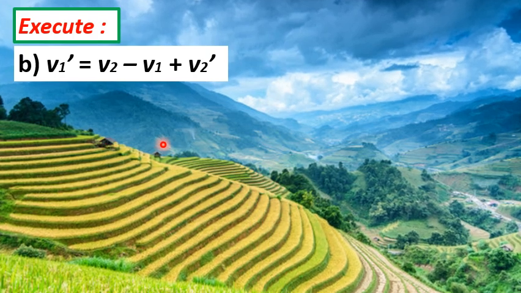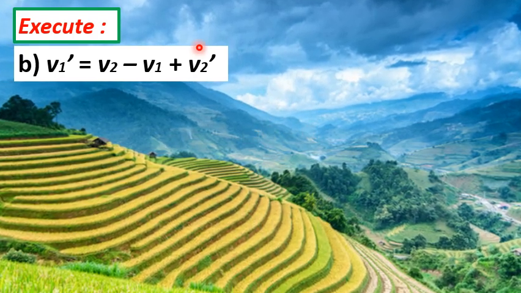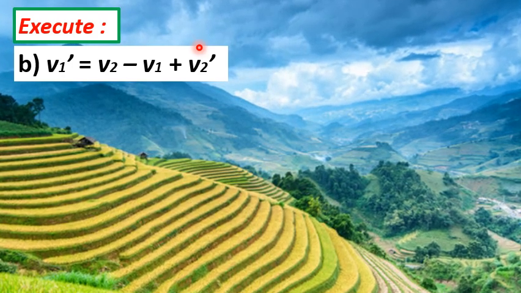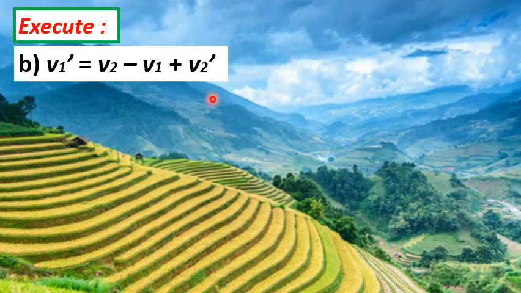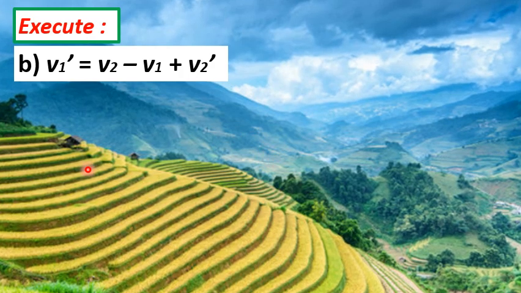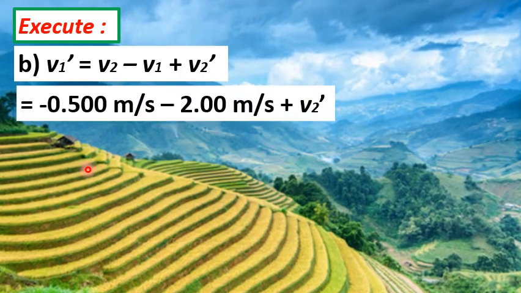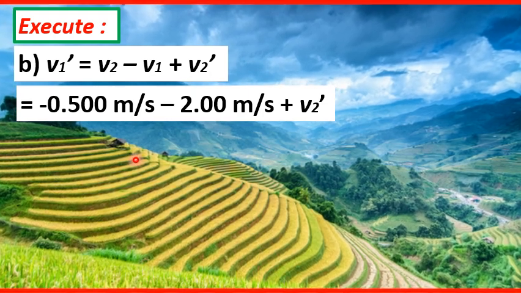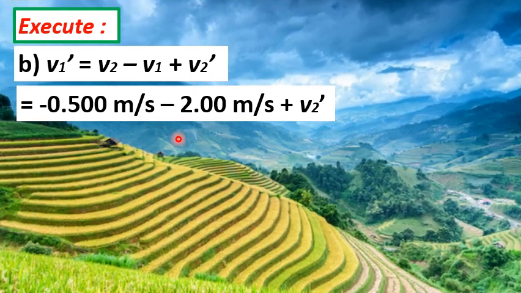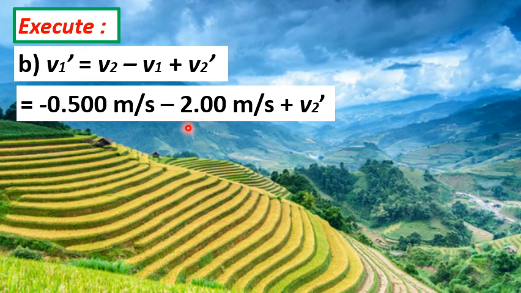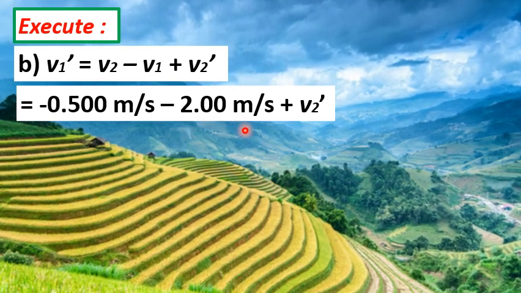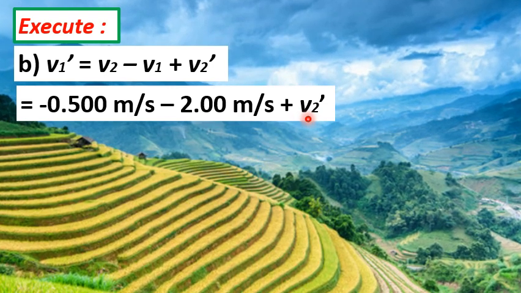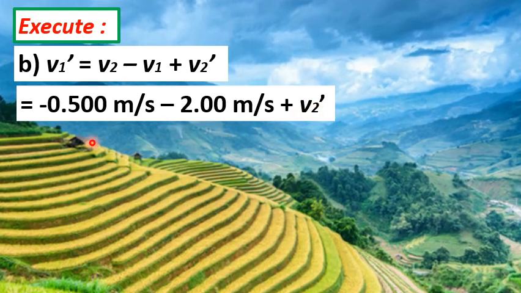Computing the velocity of block A just after the collision or separation, we have V sub 1 prime equals V sub 2 minus V sub 1 plus V sub 2 prime, or that is V sub 1 prime equals negative 0.500 meters per second minus 2.00 meters per second plus the unknown variable V sub 2 prime.